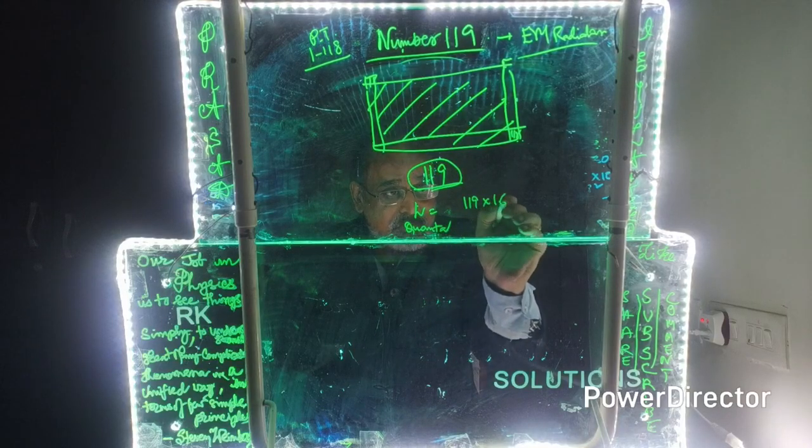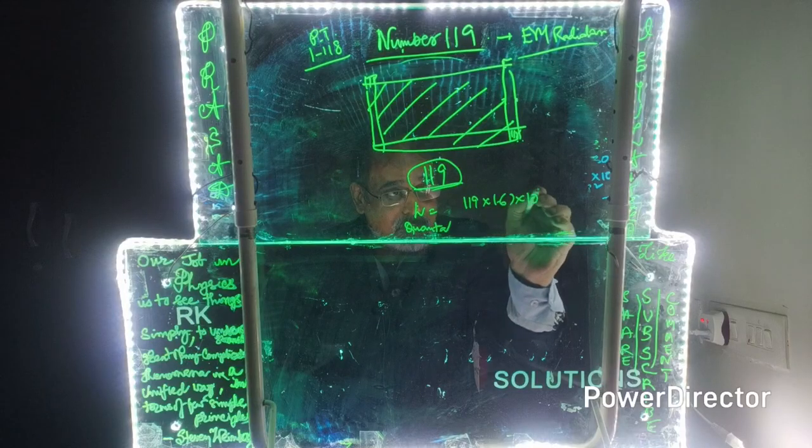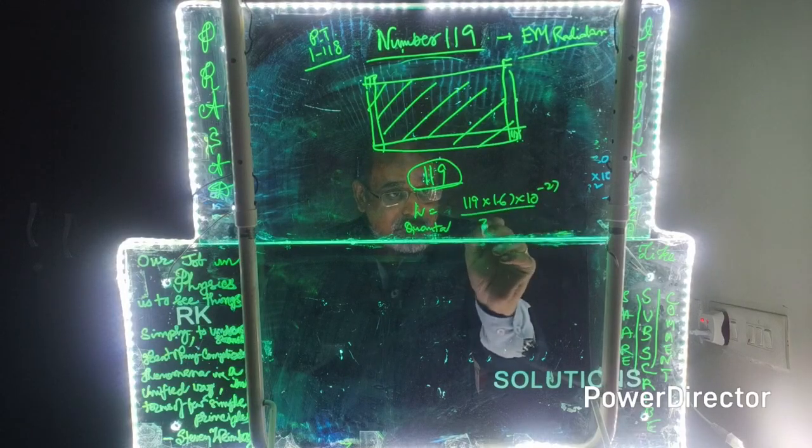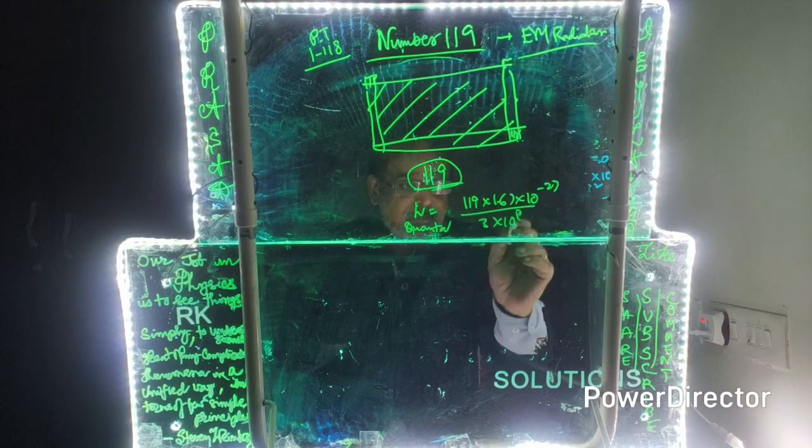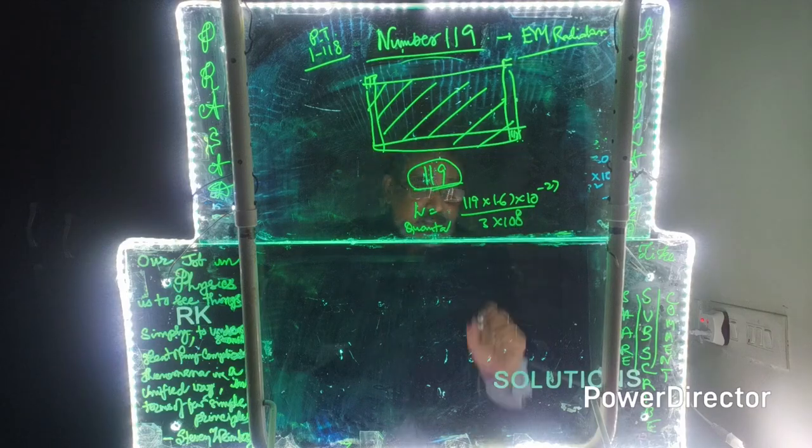119 into 1.67 into 10 raised to minus 27, by 3 into 10 raised to 8. Okay.